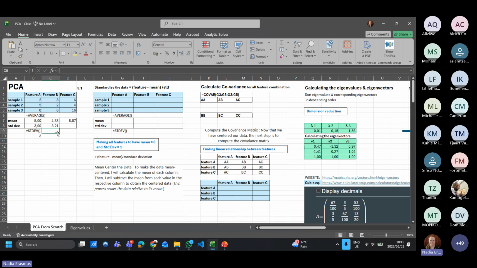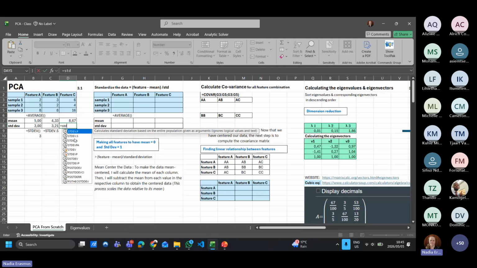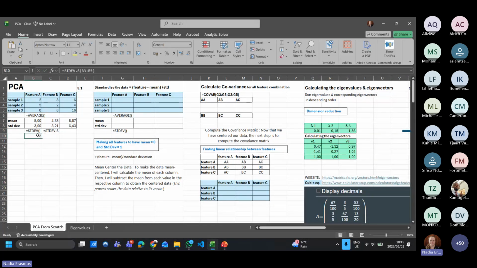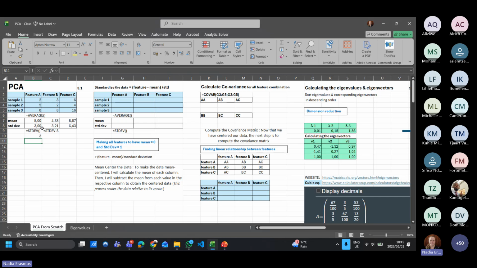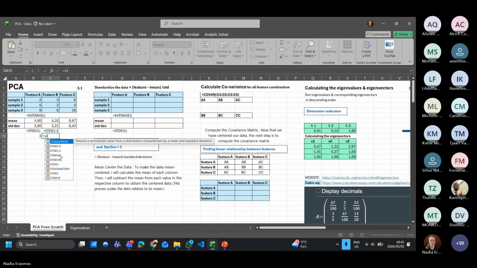Then in this one I can just put that. That's the standard deviation S. And then we have standard deviation again. And if you are uncertain, let's do the standard deviation without the S. So standard deviation, and it's for feature A. Okay, and then we have standard deviation for B.